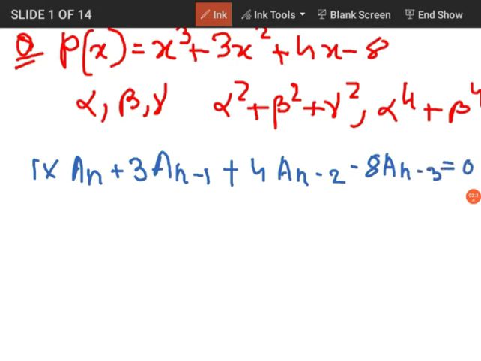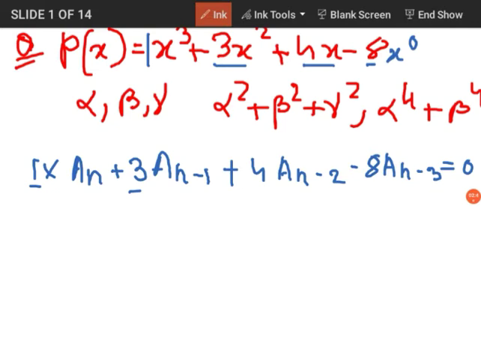Correct? How can we write this? Because see the coefficients, like we defined it as a multiplied by an plus b multiplied by an minus 1. What were a, b and c? They were the coefficients of their respective variables, right? Since here the coefficient of x cube is 1, x square is 3, x is 4, and x raised to the power 0 is 8, we have written here 1, 3, 4 and 8. Okay, I hope that you understand now.